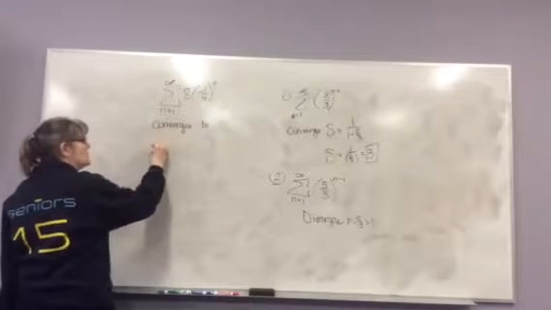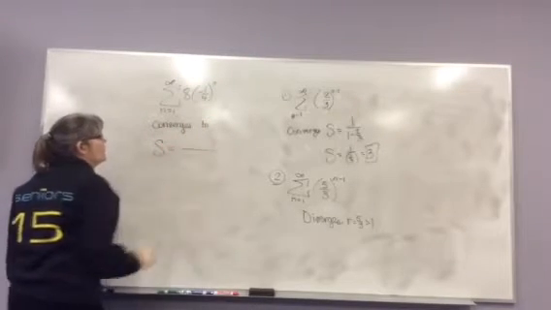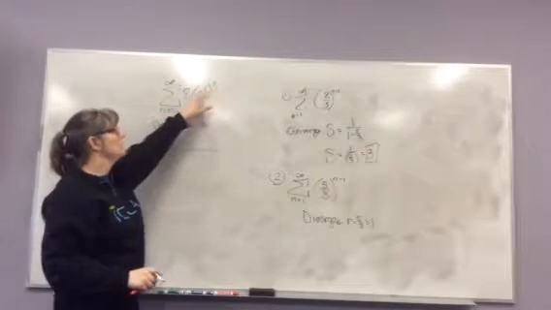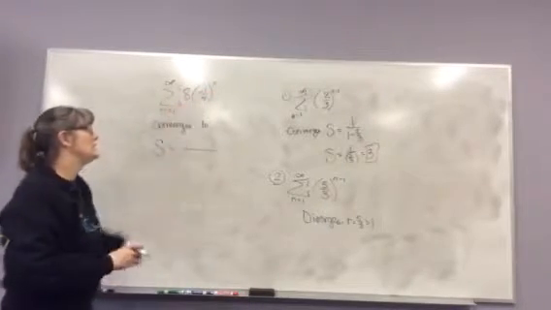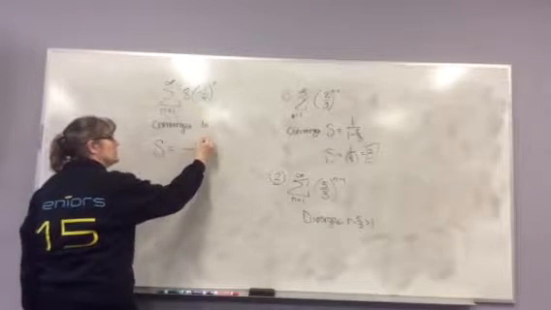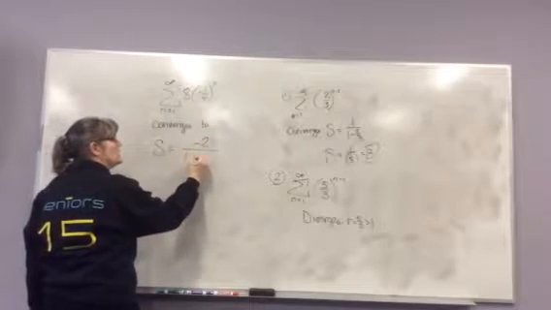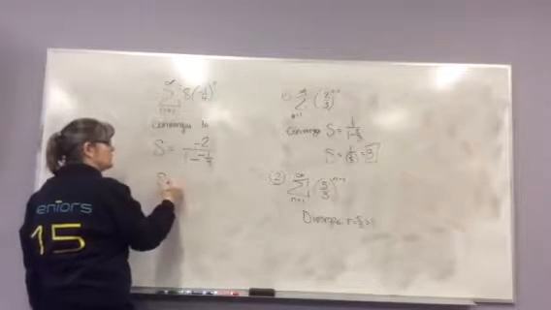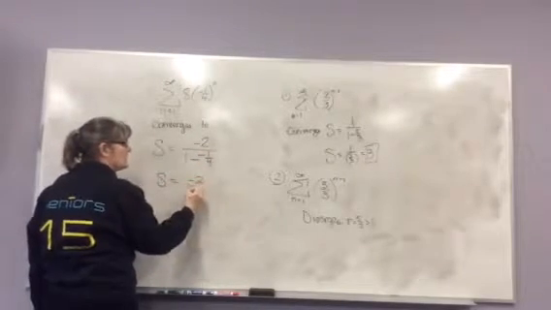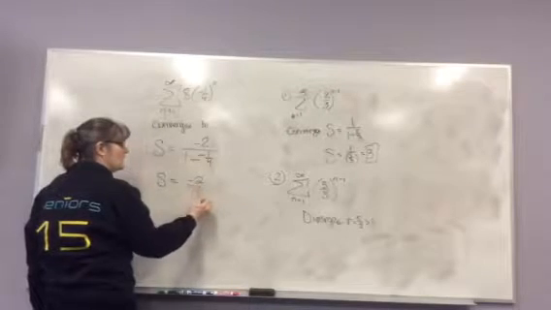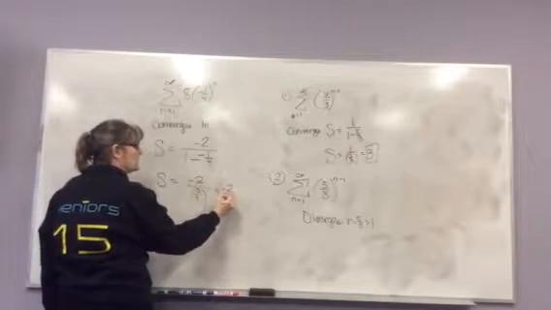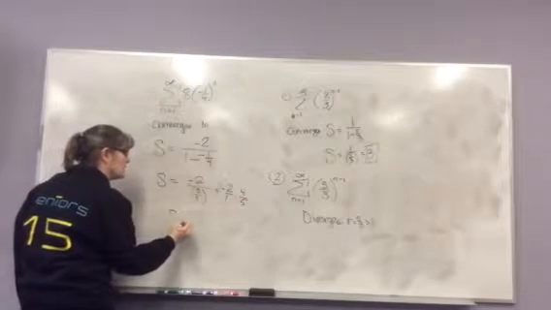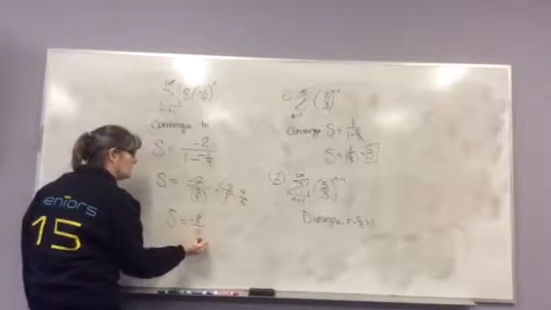It's going to converge to s equals, well, what's the first term? If I plug in 1, I get negative 1/4 times 8, which is negative 2, divided by 1 minus r, which happens to be negative 1/4. So s is negative 2 divided by 5/4, can do our arithmetic. Times 4/5. So my sum is -8/5.